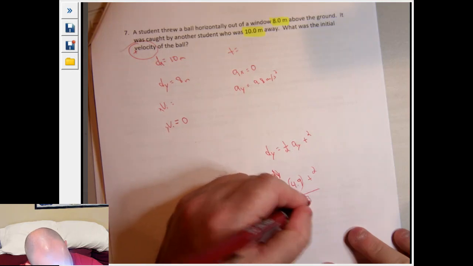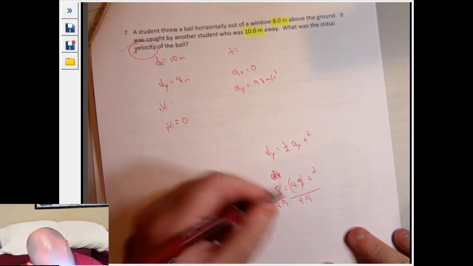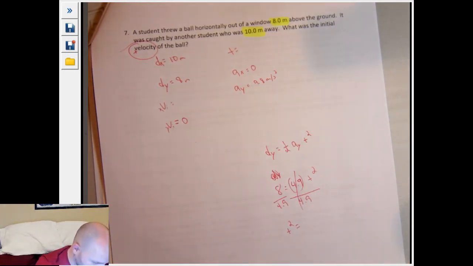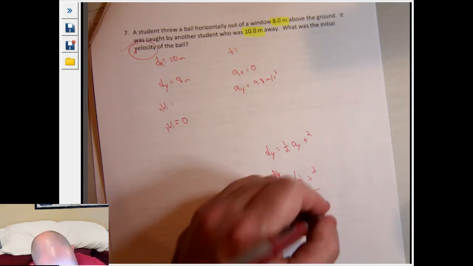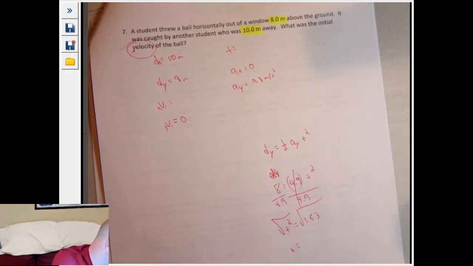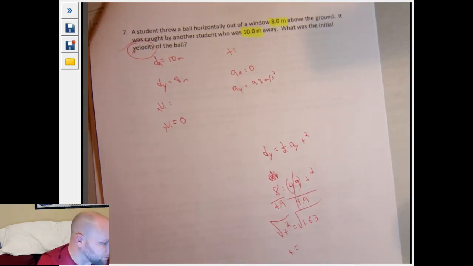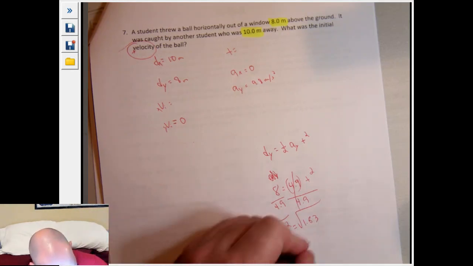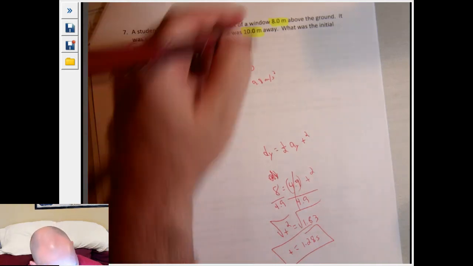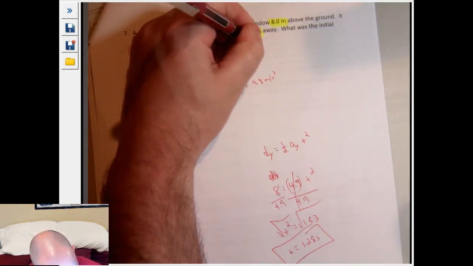Divided by 4.9, divided by 4.9, so time squared equals, I'm going to do this on my handy calculator, 8 divided by 4.9, 1.63, and then we got to square root it because we don't want time squared, right? So time equals, I'm on the wrong page again, silly me, 1.28 seconds. And then I'm going to box my answer so I can find it easy. Come back up here, 1.28 seconds.